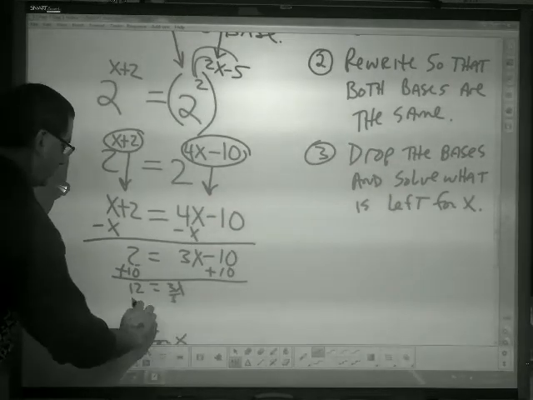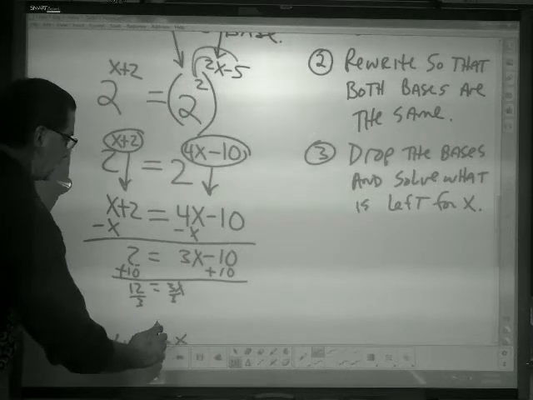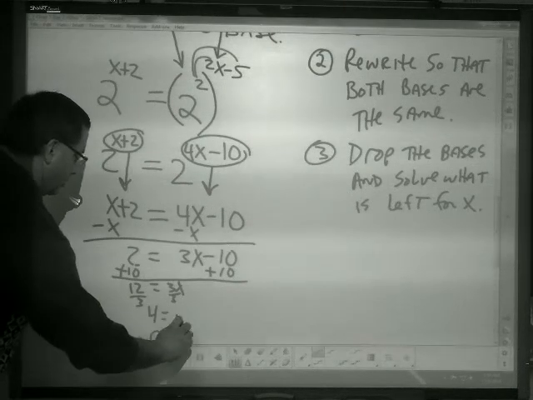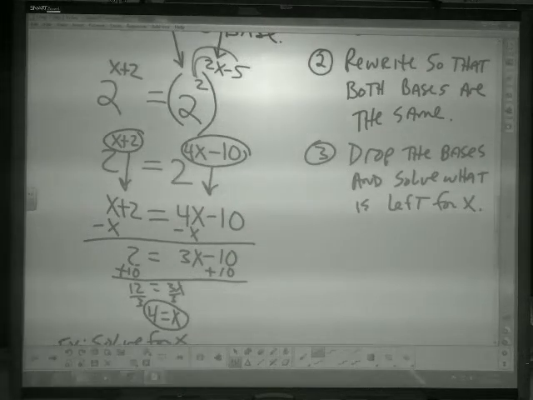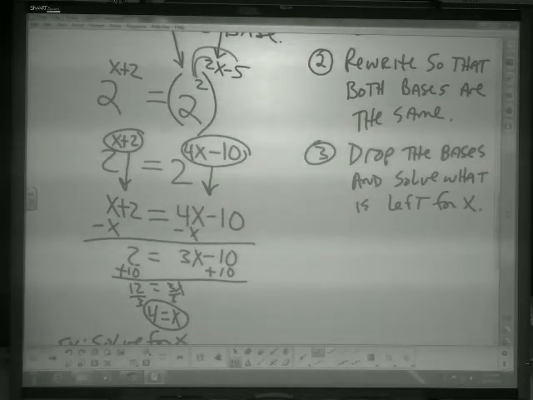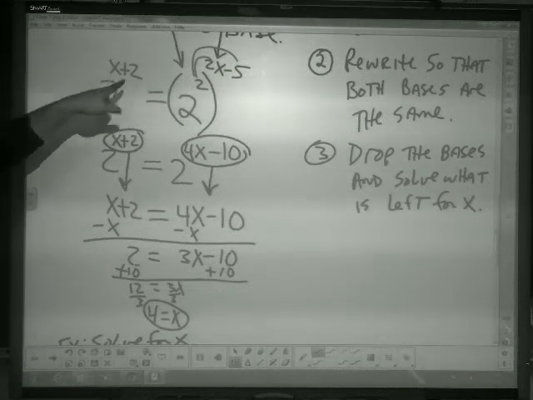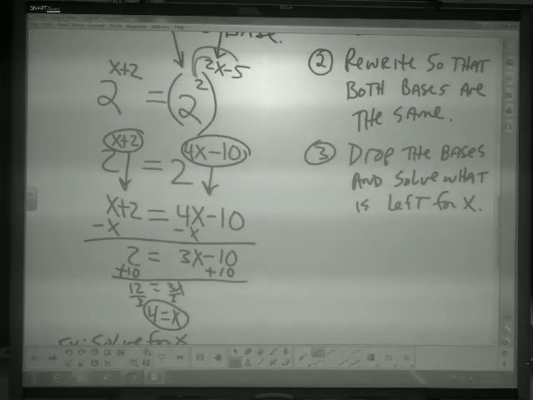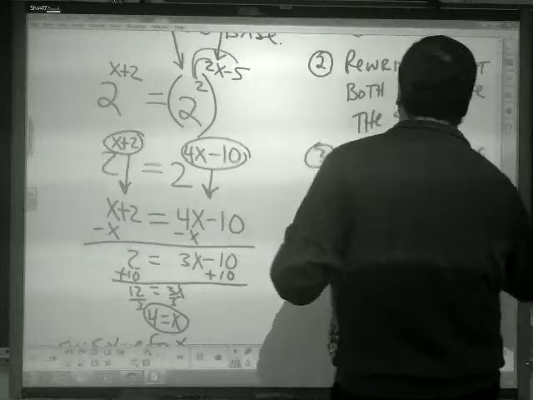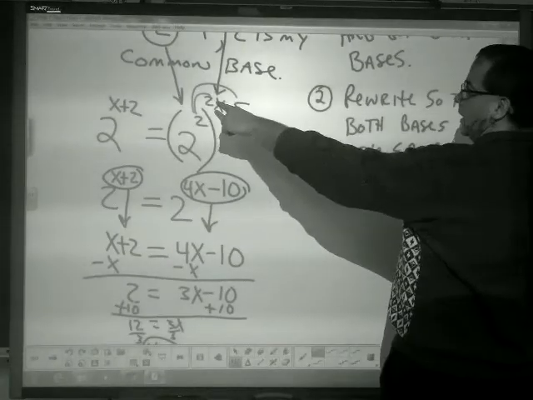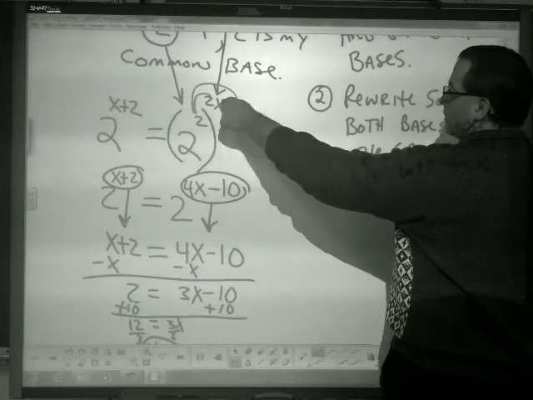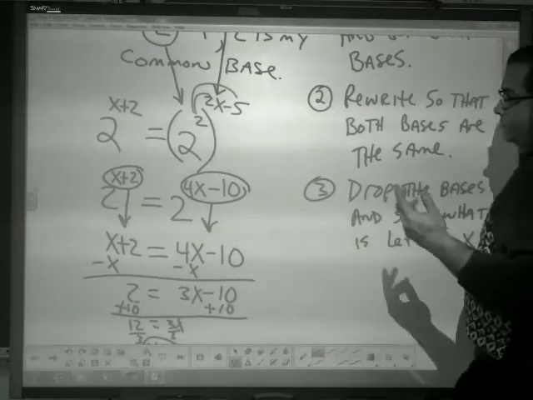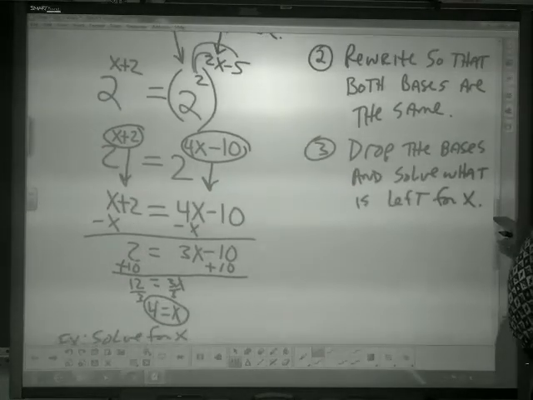Divide by 3, and x equals 4. And that is my answer. I could check it. 4 plus 2 is 6, 2 to the 6th power. Okay. 4 times 2 is 8, minus 5 is 3. 2 squared to the 3rd power is 2 to the 6th. 2 to the 6th is equal to 2 to the 6th.